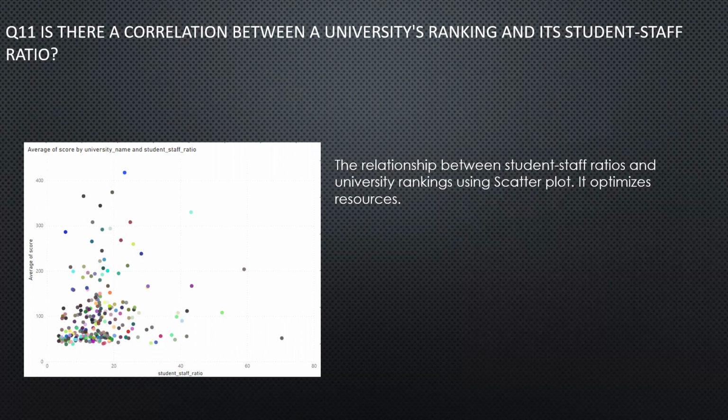Universities with a lower ratio may prioritize individualized instruction, potentially enhancing student happiness. A high ratio may be found at research focused or specialized schools without harming rankings. Thoroughly investigating this correlation can aid institutions in optimizing resources too, which can improve teaching standards, enhance student experiences, ultimately boosting the college ranks too.